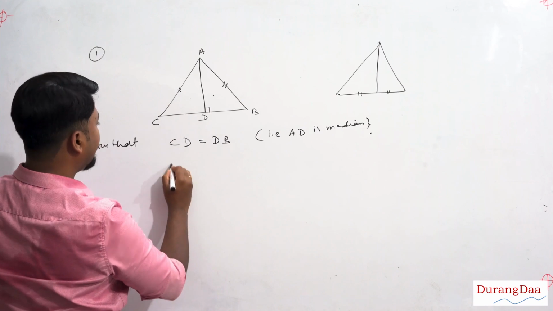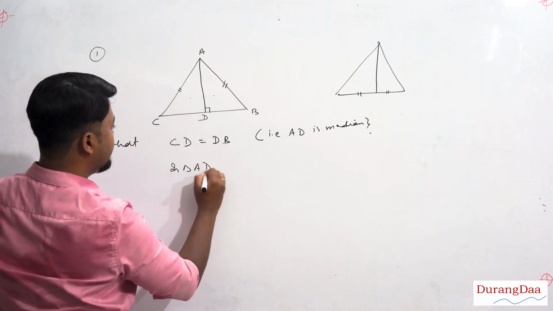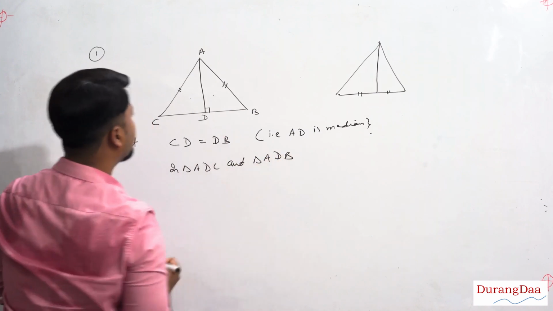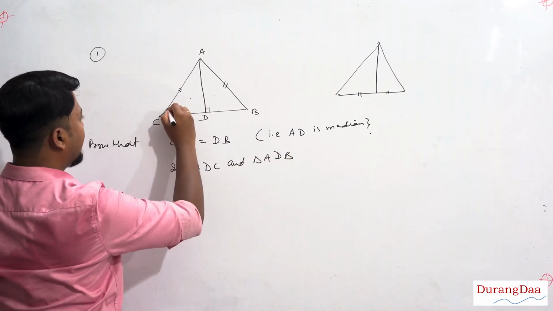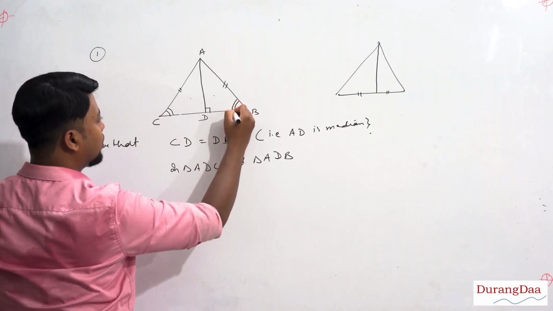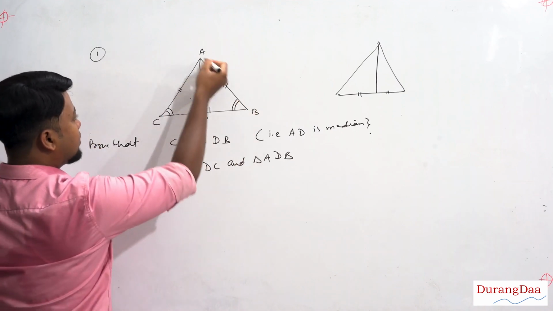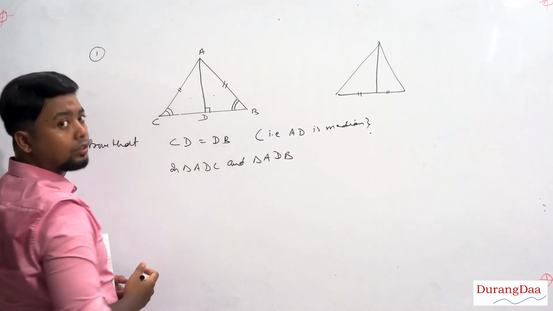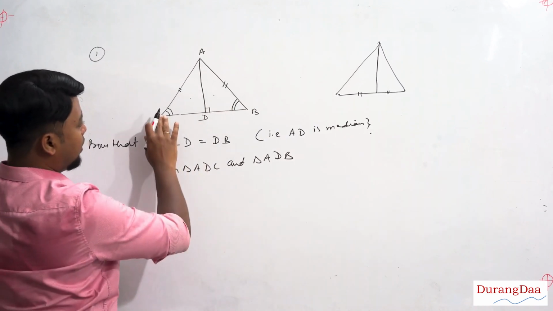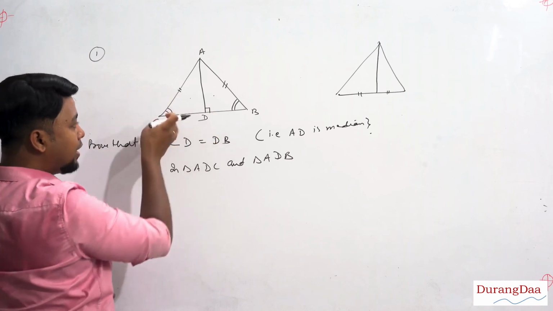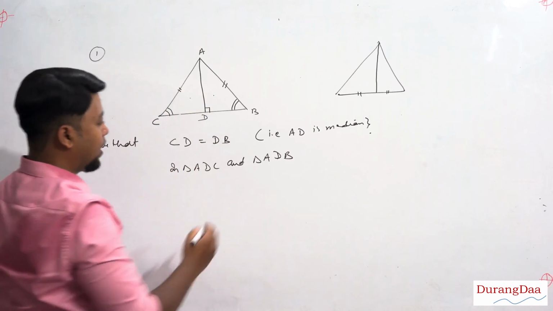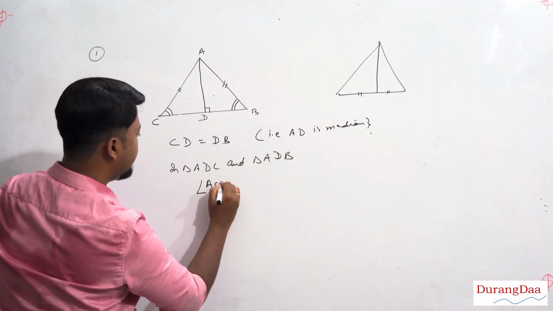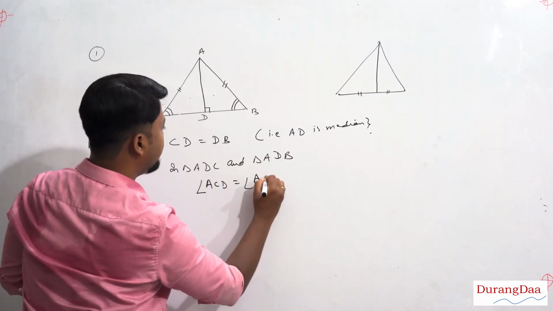So in triangle ADC and triangle ADB, this angle has to be equal to this angle because side AC and side AB are equal, and the triangle is isosceles. In isosceles triangles, the angles opposite the equal sides are also equal. So write down the reason here. First, angle ACD equals angle ABD.